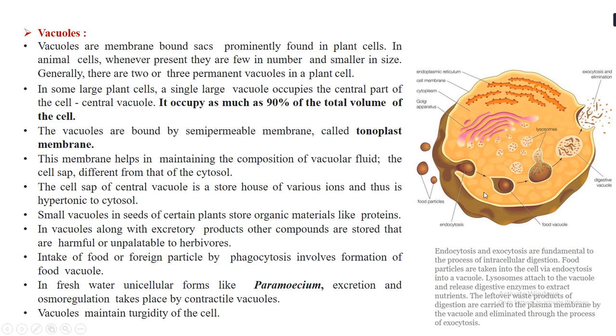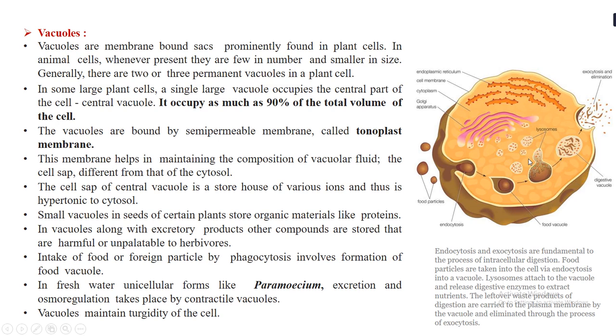After they enter into the cell, they release certain digestive enzymes to extract nutrients, and the leftover waste product of the digestion is carried to the plasma membrane by the vacuoles, and eliminated through the process of exocytosis.